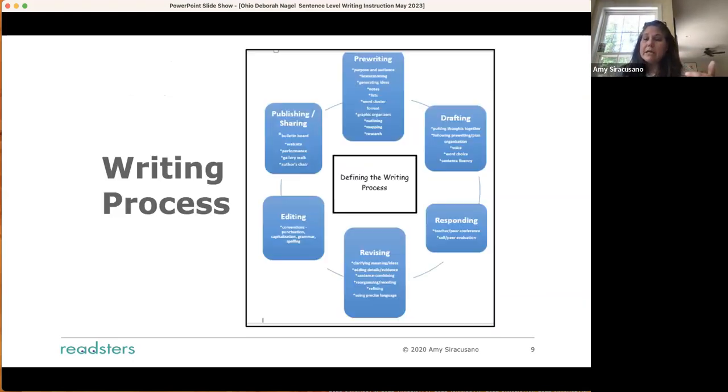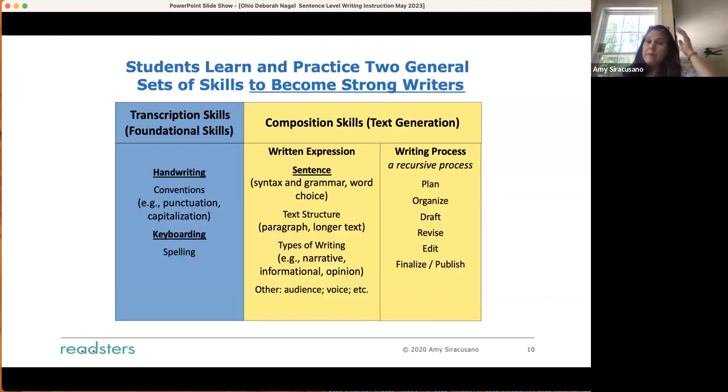But for our primary kids in school, what does this model do? It assumes they have the necessary transcription skills to be successful, right? So unless we're paying attention to both of these theoretical models to see and know exactly what our kids in terms of skills they have and don't have, we're already setting them up for failure in some cases. So when we think about two general sets of skills and the process that we go through to get kids to be strong writers, even from very early on, what does that look like in the classroom?